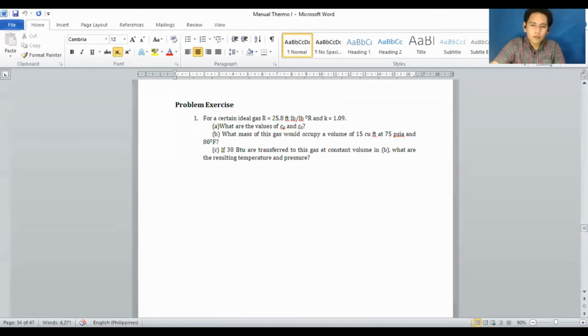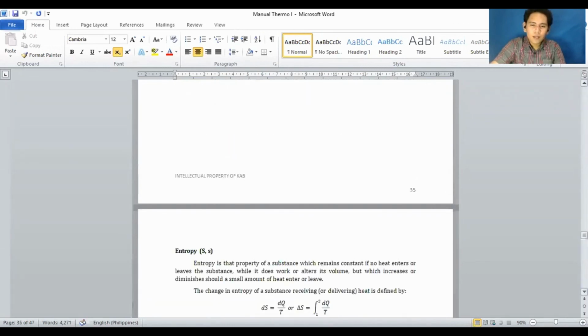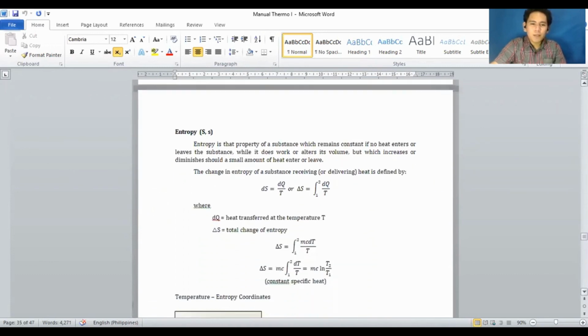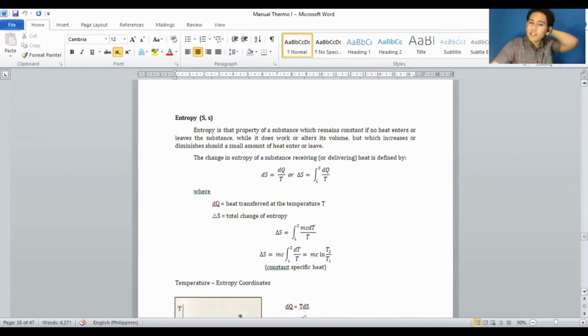Okay, let's go to the last topic, which is entropy. Entropy is the property of a substance which remains constant if no heat enters or leaves the substance, while it does work or alters its volume, but which increases or diminishes should a small amount of heat enter or leave.